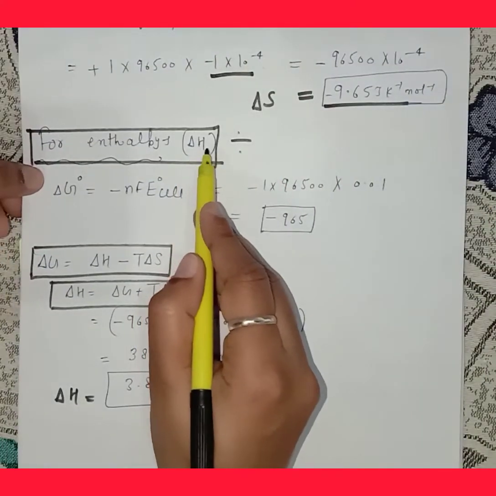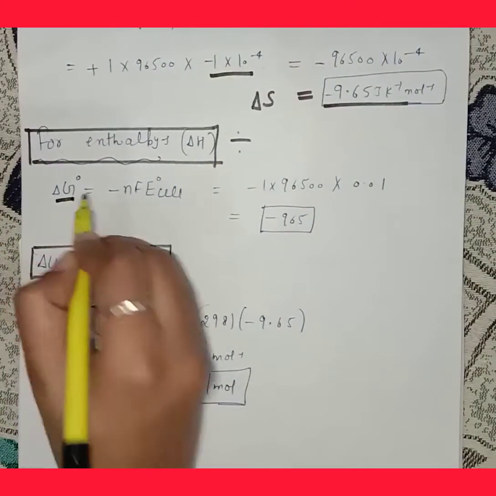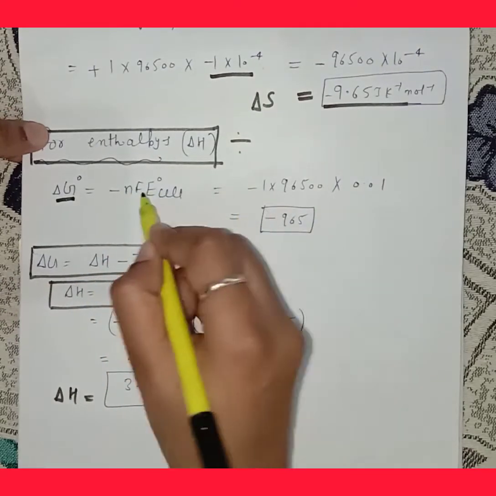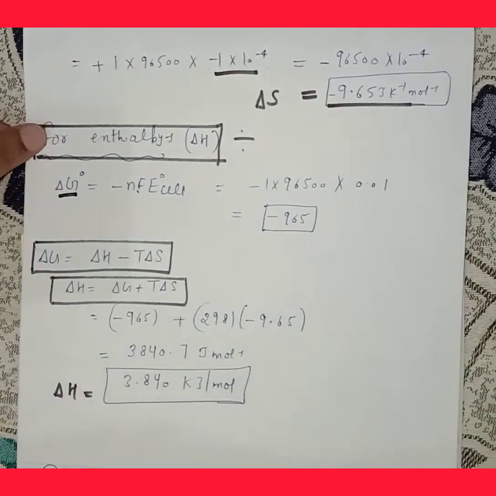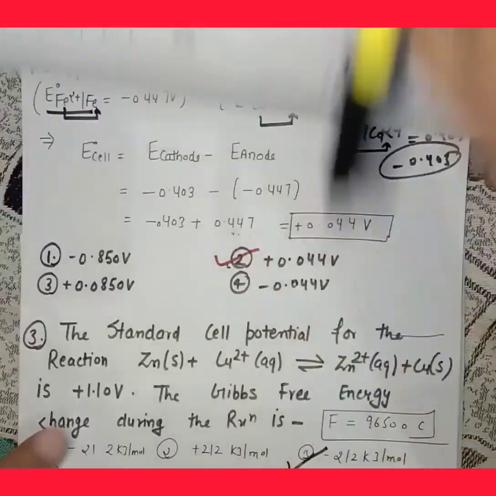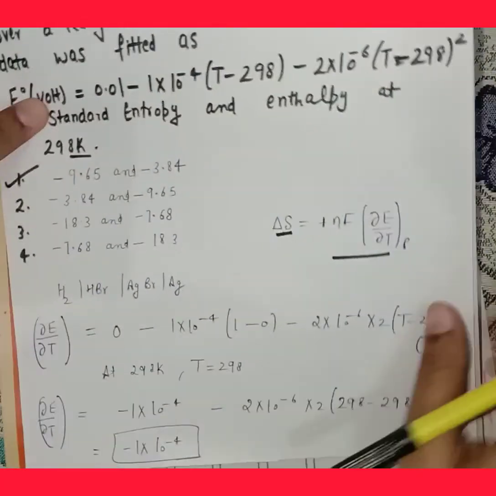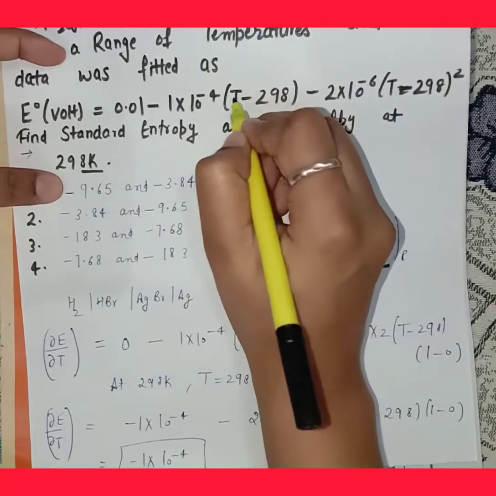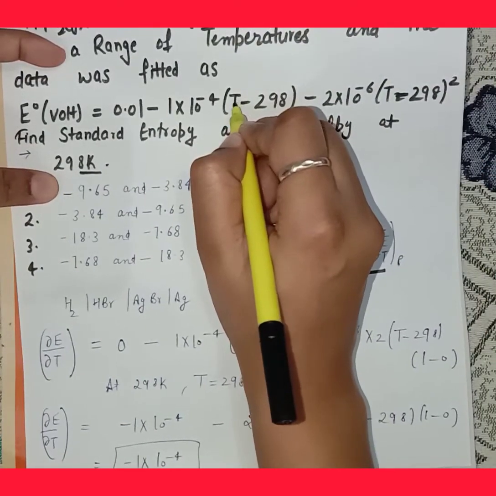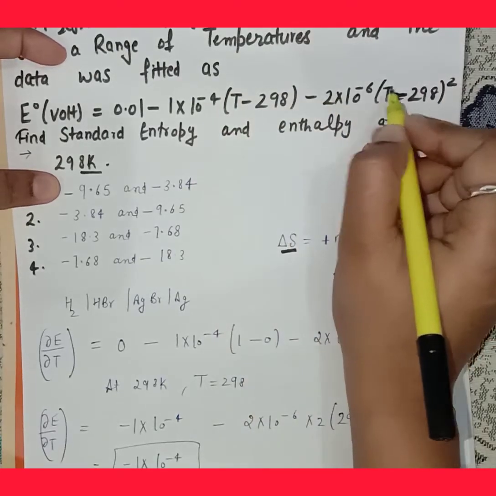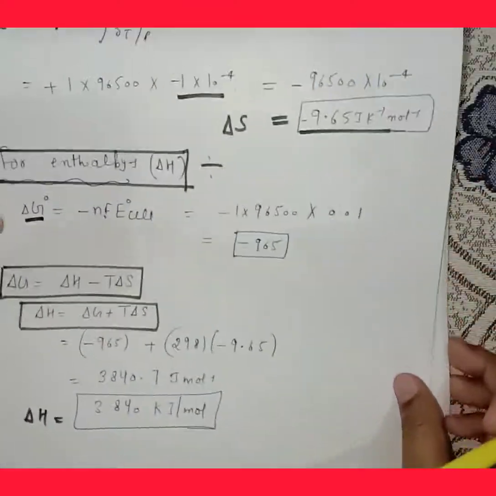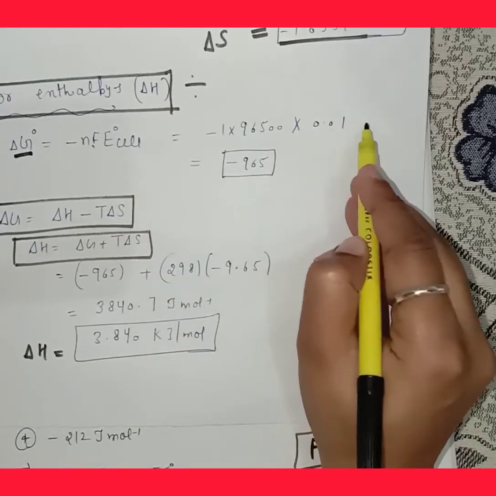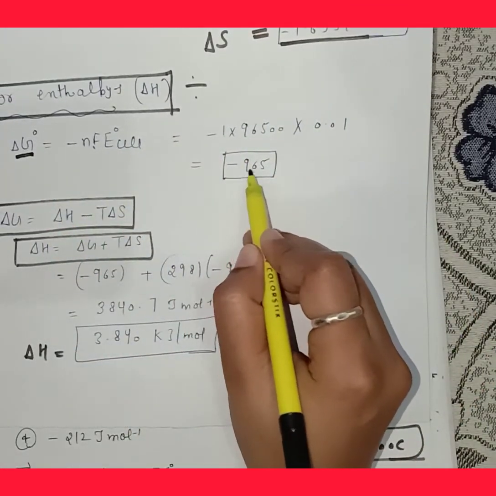For enthalpy delta H, first of all we have to find delta G, which is minus n F E naught cell. n is equal to 1, F is 96500 and E naught cell is 0.01. E naught cell is 0.01 because, putting the temperature value 298 into the equation, the temperature terms vanish and the value of E naught is 0.01. So delta G naught comes out minus 965.